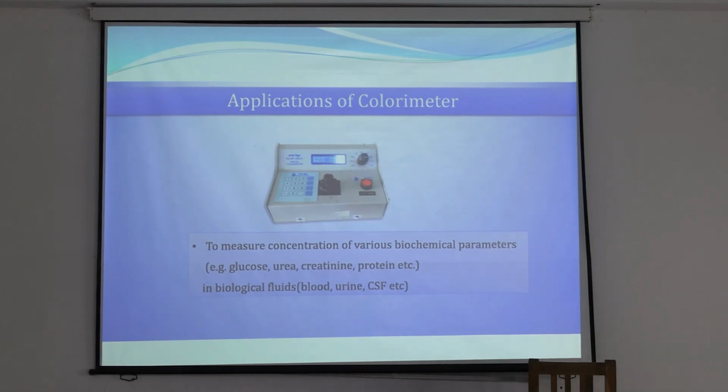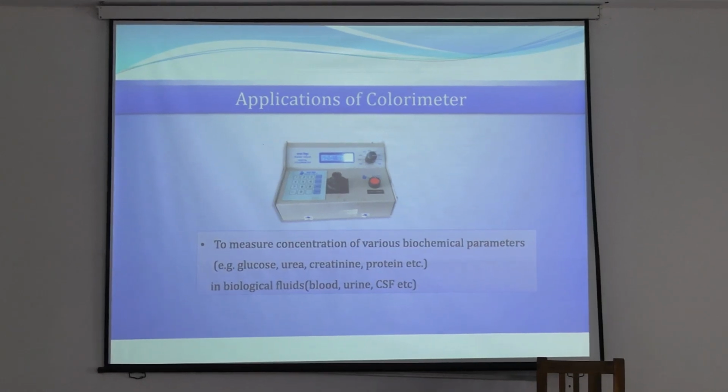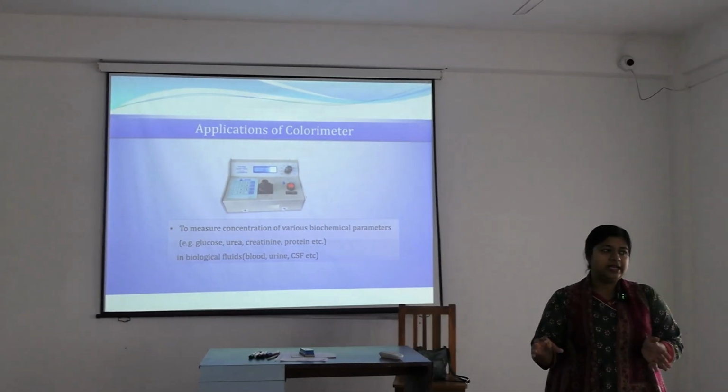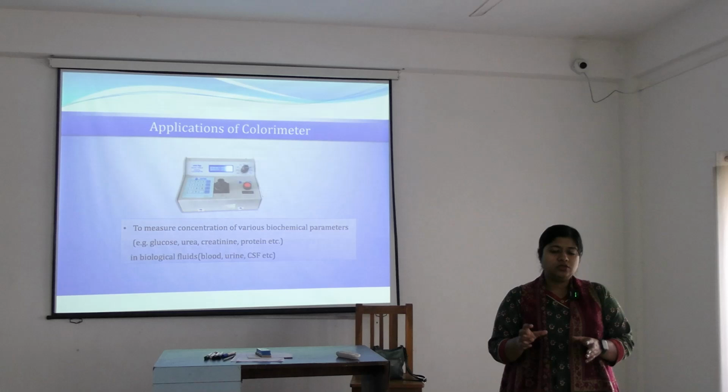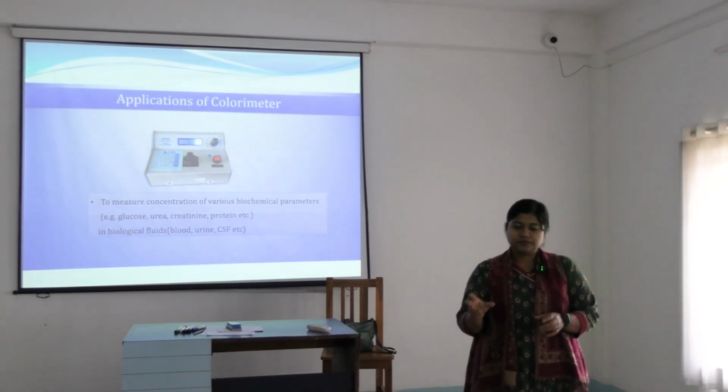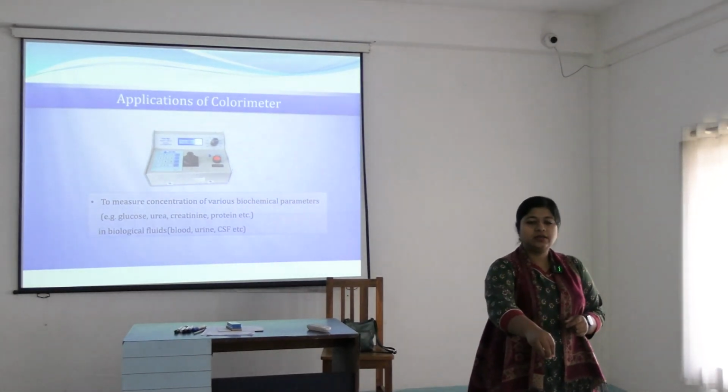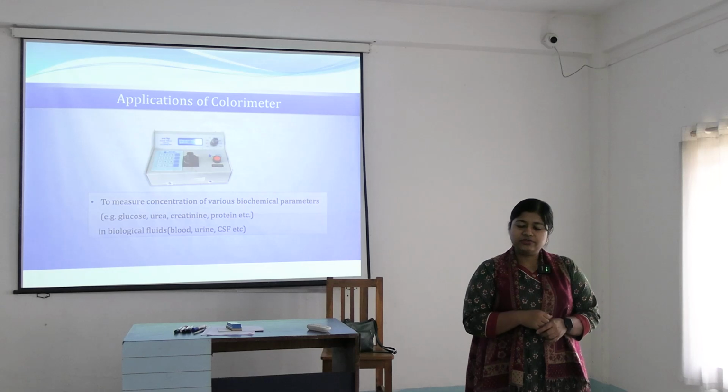All the mixing of reagent and sample, getting the product, then finding the OD, we have to do manually in a colorimeter. Like, we have to run a test outside the machine to get a colored product, then put that in the colorimeter and find the OD.